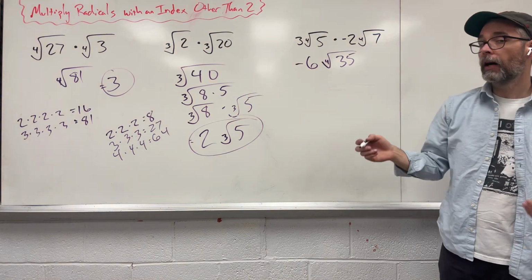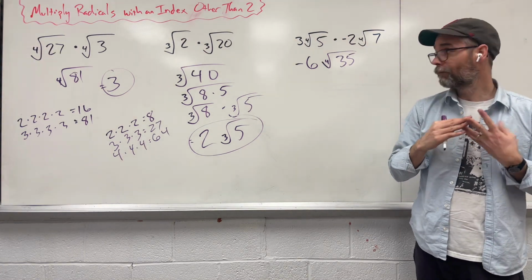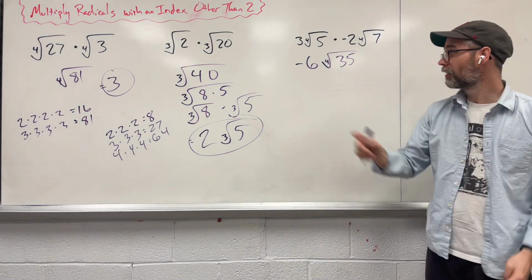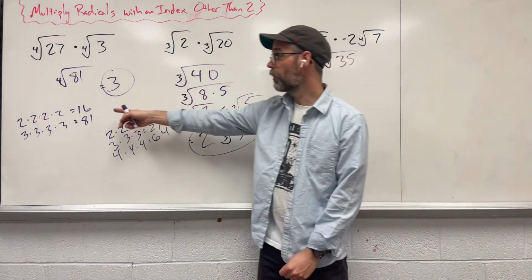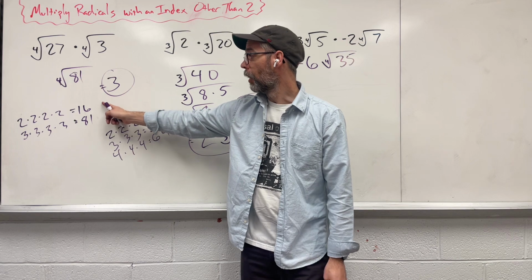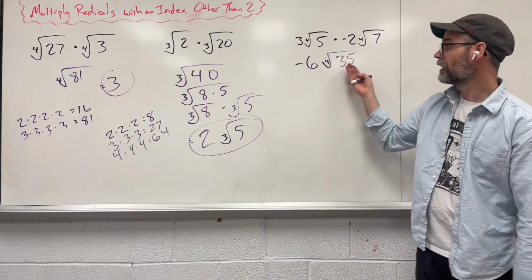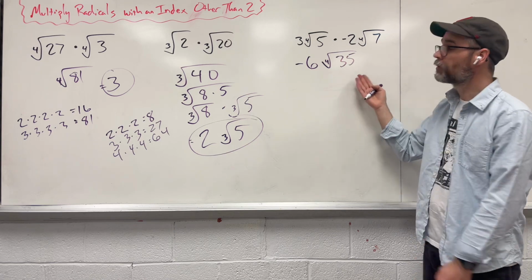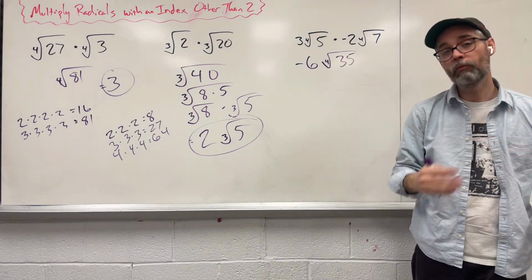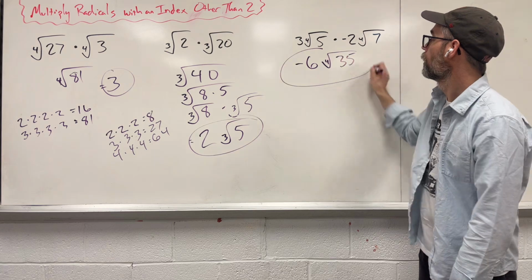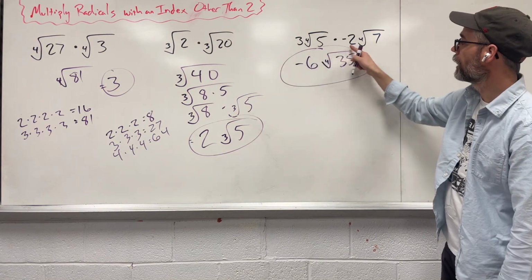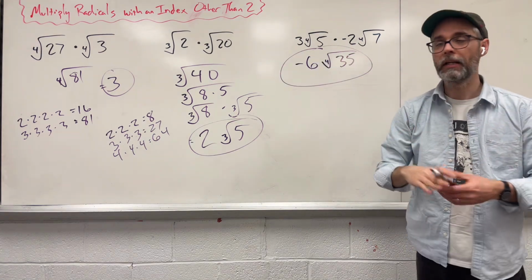Now, I want to find a number multiplied by itself 4 times to give us 35. Well, we already have a list over here. 16, 81, it can't be 81. That's too big. And 16 doesn't go into this evenly. So this is actually in simplified form. We don't need to go any further. As long as we did outsides together, insides together, we're great.